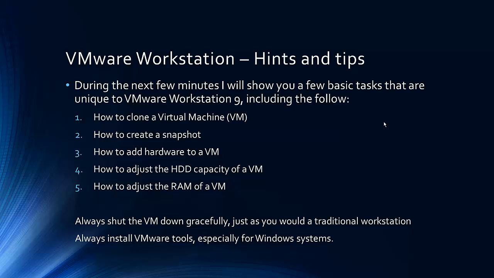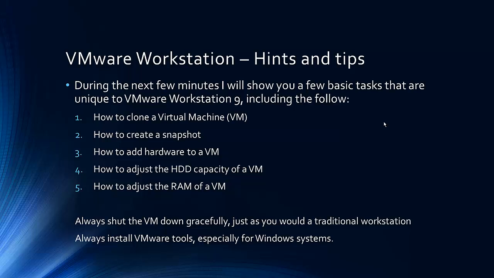Now I'd like to shift gears a little bit and share with you 5 common operations in VMware Workstation 9. Again, those of you that have been using this product for several classes will find this to be old hat. But if you're new to VMware Workstation 9, then it's essential that you become familiar with the operations that I have outlined here. Specifically, I'm going to show you how to clone a virtual machine, that means to make a copy.